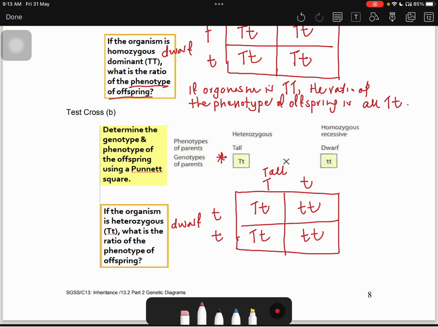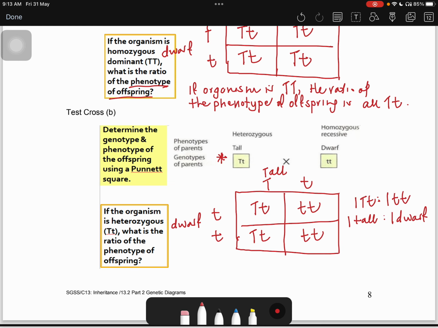So what would be the ratio? It would be 1 heterozygous to 1 homozygous recessive. So ultimately, the phenotypic ratio is 1 tall to 1 dwarf.